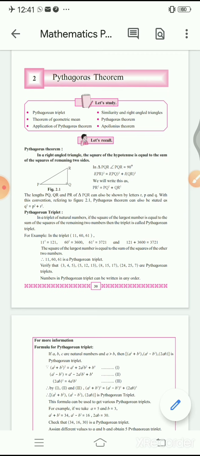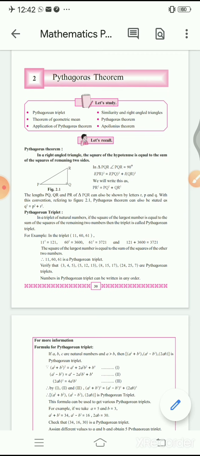So first of all, let's recall Pythagoras theorem. We already knew about Pythagoras theorem from standard 6th.